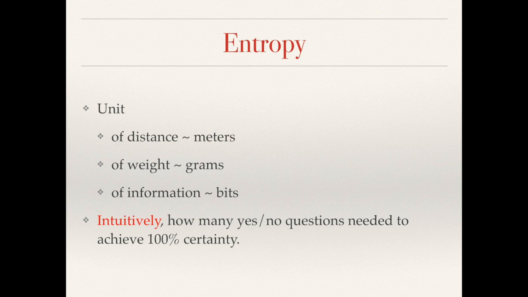To be clear, the unit of information is the bit, or bits. That is the expected number of yes or no, those binary answers one needs to get to completely clarify any uncertainty about a situation.